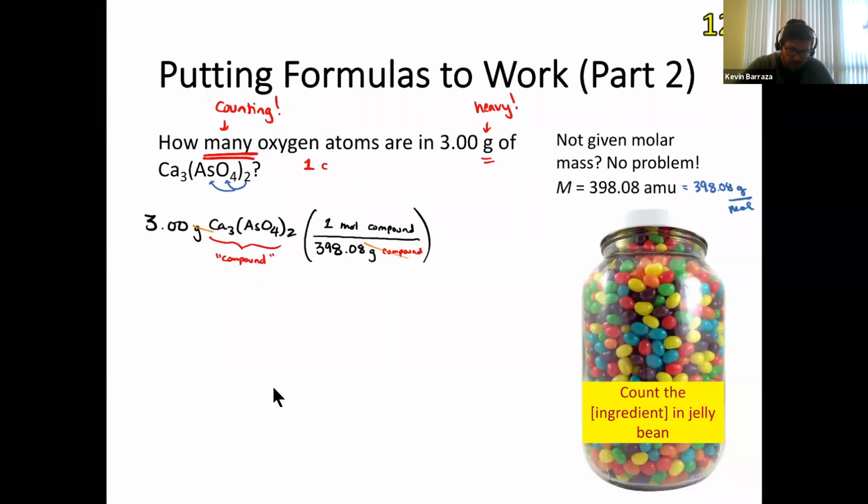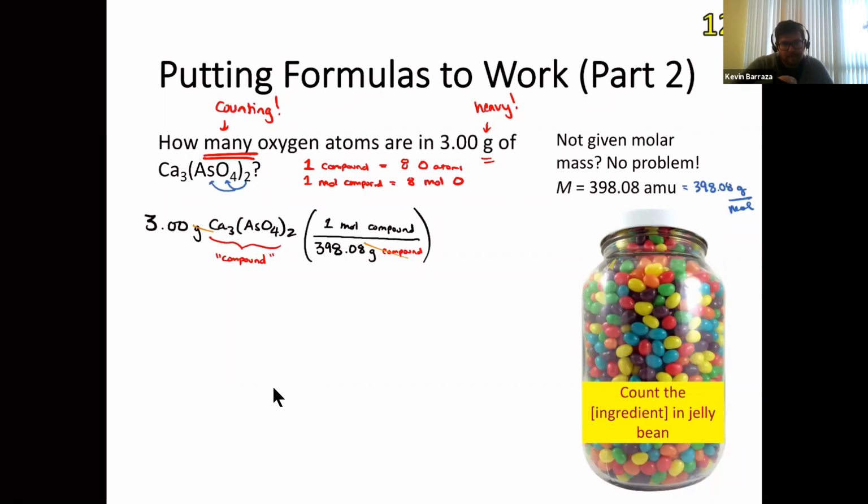One compound equals 8 O atoms. And if you remember the pre-lecture, we can always scale up this relationship. So we could say 1 mole of compound is going to be 8 moles of oxygen.